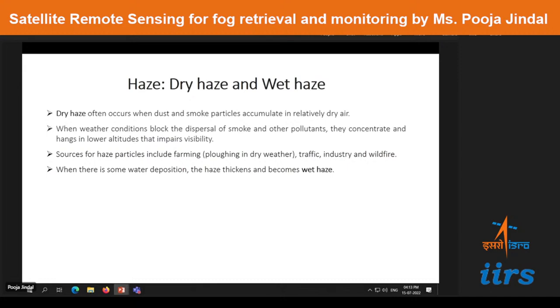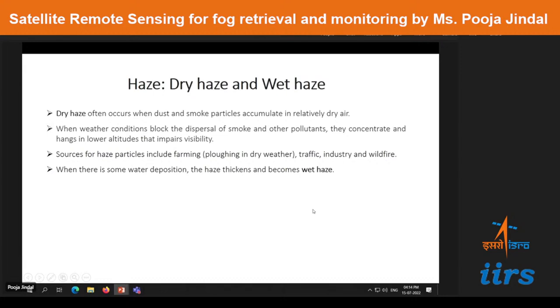But if there is no water vapor, it is called dry haze. If there is some water deposition on the dry haze particles, then that is called wet haze. So there's a difference between wet haze and dry haze. Dry haze does not have water vapor; however, if there is water vapor deposition, it becomes wet haze.